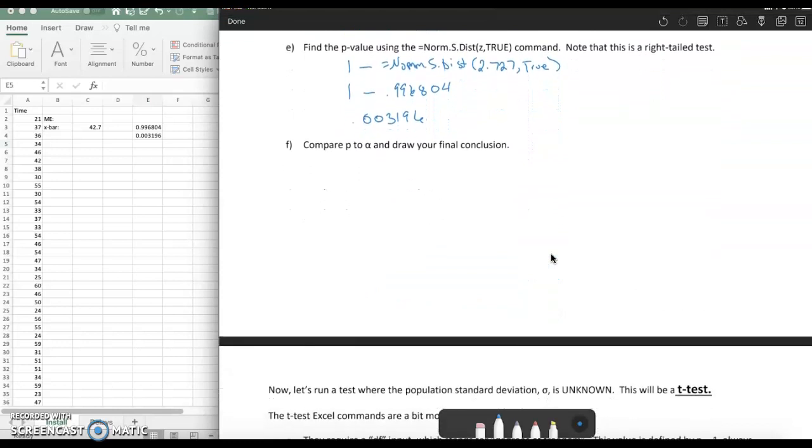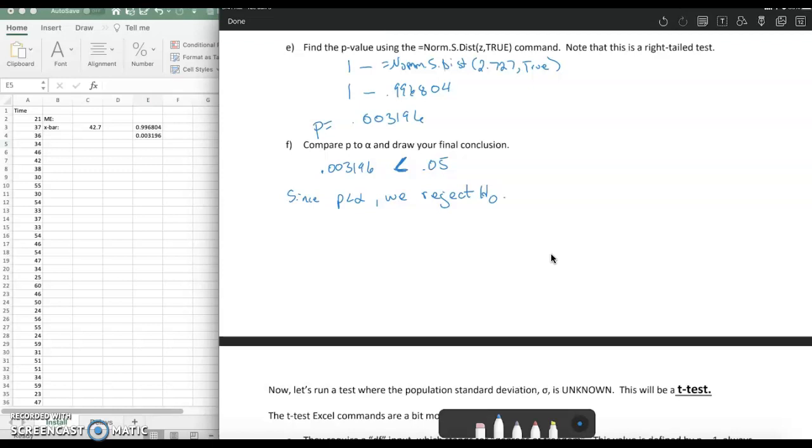We want to compare this p-value to alpha and draw our final conclusion. So you have to be able to compare decimals. So the p-value we got, this is p, 0.003196, how does that compare to 0.05? It is less than. So since p is less than alpha, we reject the null. Don't stop there. Tell us the conclusion in context.